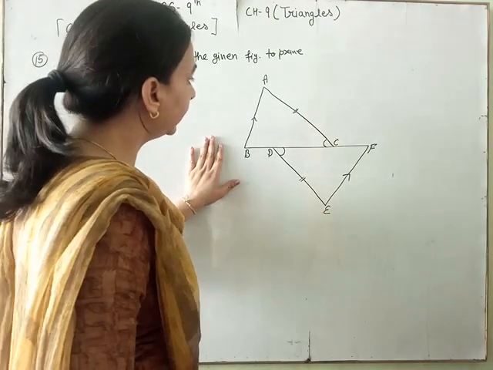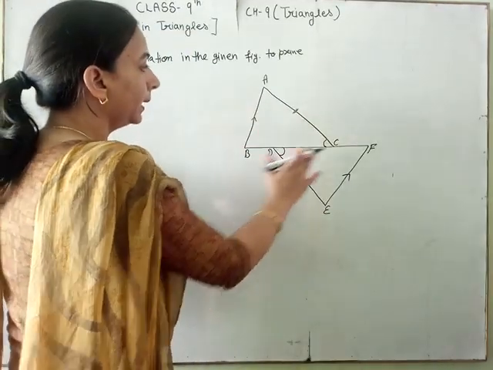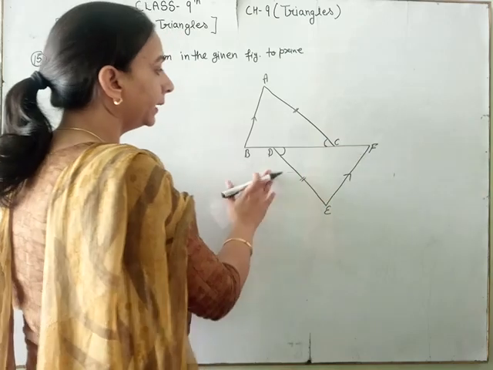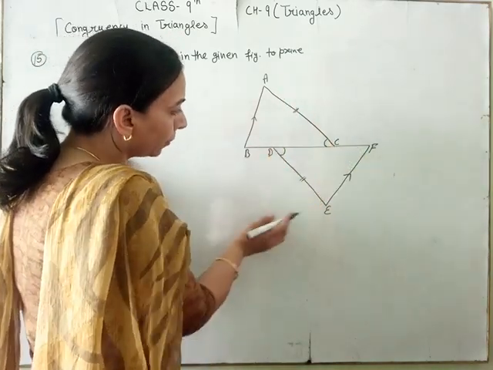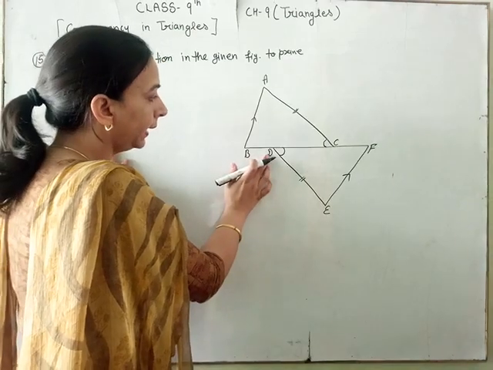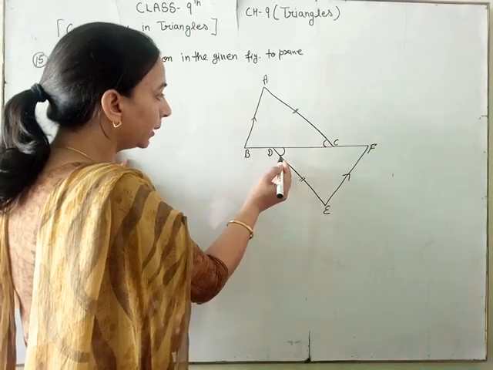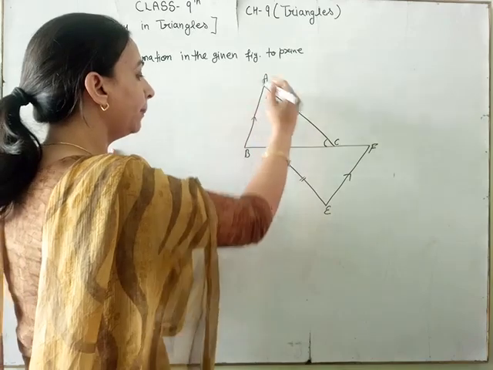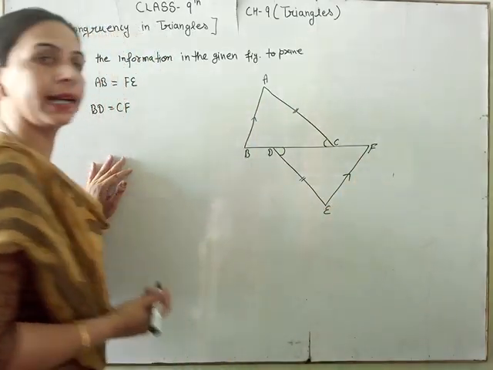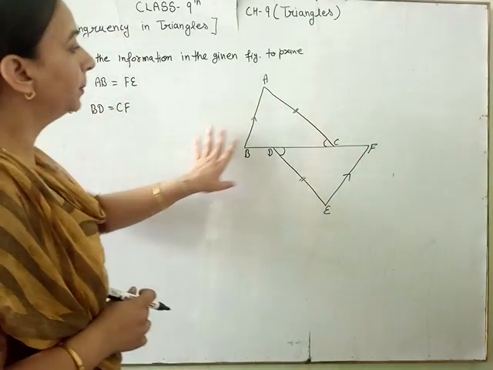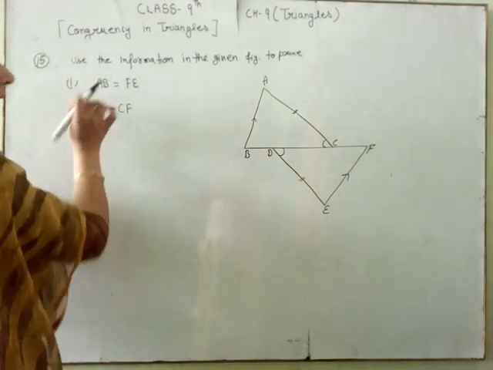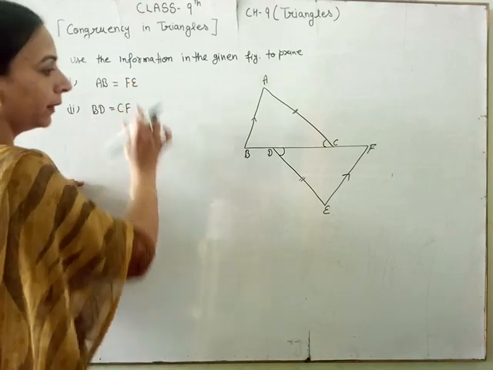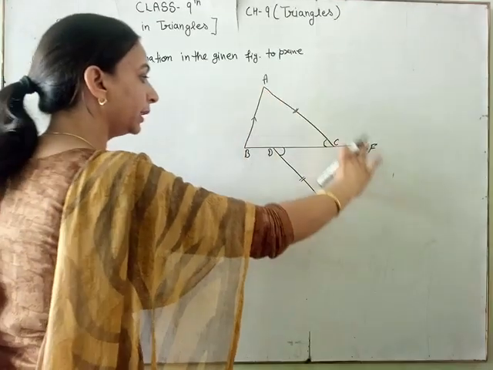And we are given this figure, ABC and EFD. These are two triangles in which AC equals ED, angle C equals angle D, and AB and CF are parallel. Using this information we have to show that AB equals FE.